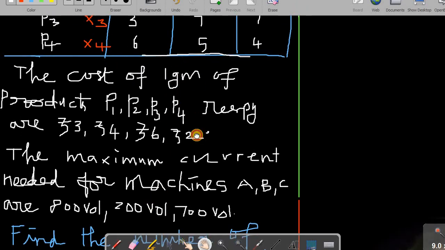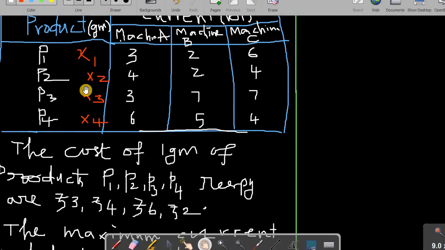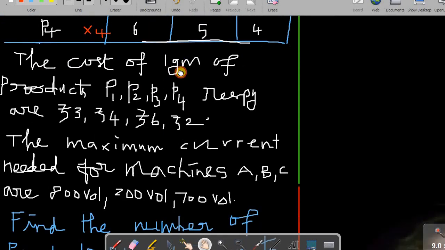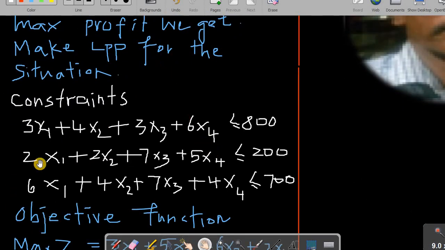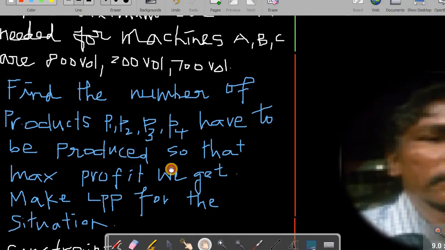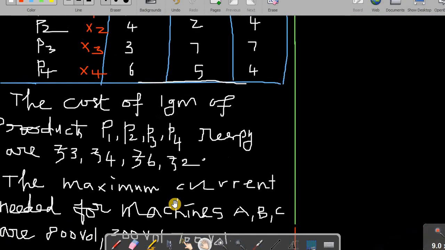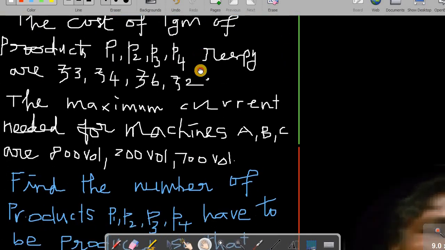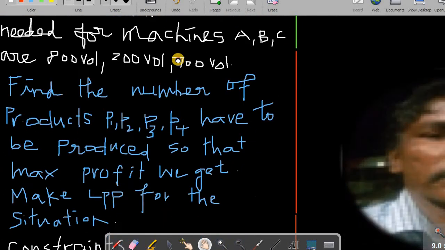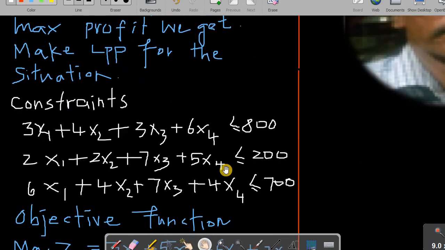Am I correct? 2x1 plus 2x2 plus 7x3 plus 5x4 must be less than or equal to 200, and that is the second constraint.